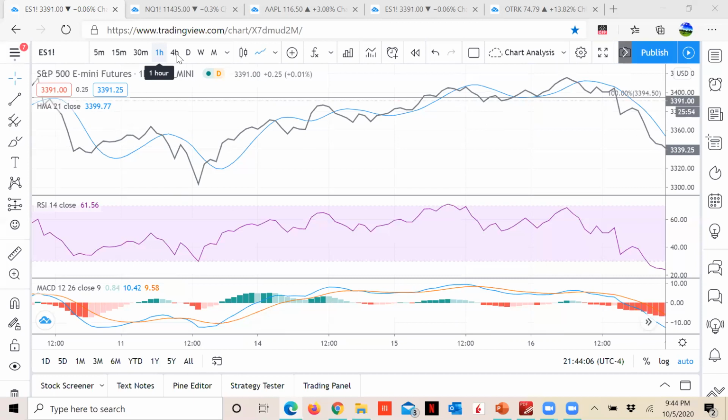Yeah, because the thing is, see, the other importance of selecting the hourly and 4 hour chart. For example, if you're looking at the chart during the day at 11:30 or 10:30, if you look at a day chart, it doesn't give you much significance because the day hasn't completed for that trading day.